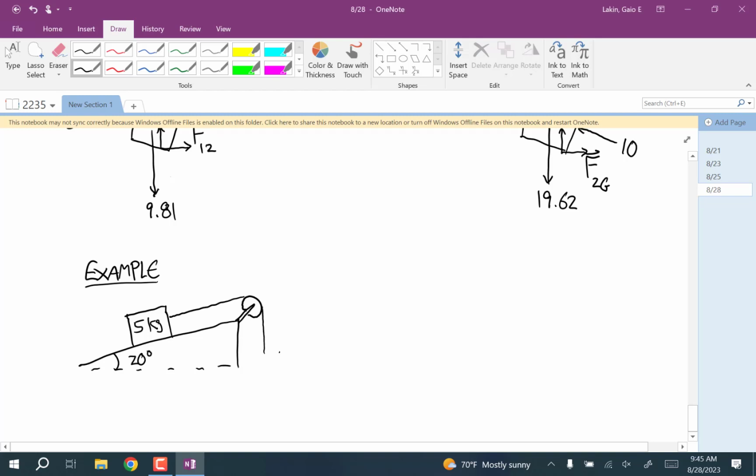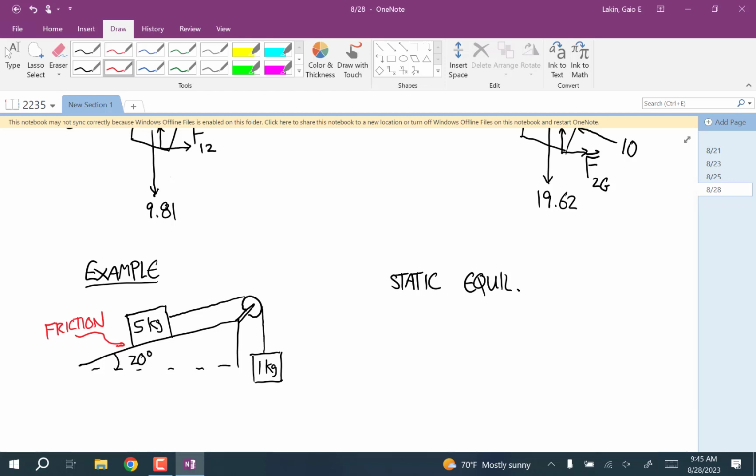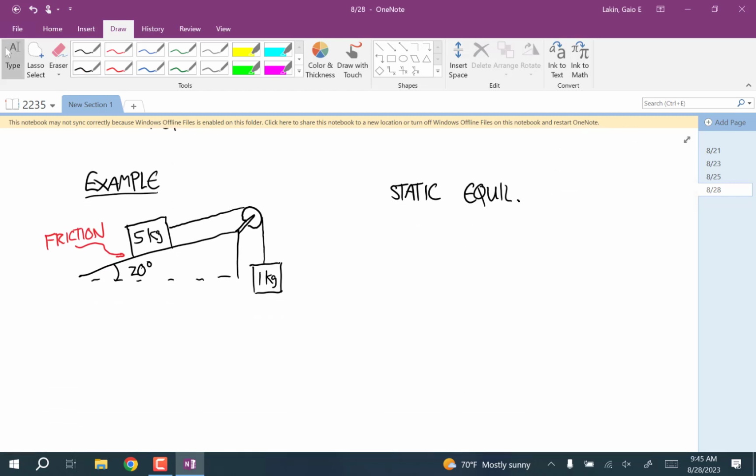It's connected by a cable to a 1 kilogram mass, and this is in static equilibrium, meaning that the acceleration is 0. We're assuming that this is a friction contact. Otherwise, most likely, unless I got really lucky with the masses and angles, this would be accelerating one direction or the other. So we want to find the reaction forces.